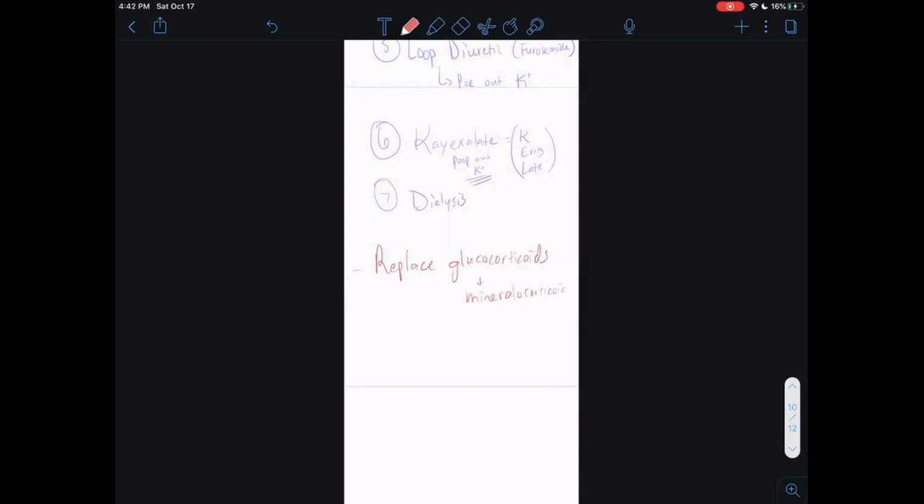All right, so replacing your glucocorticoids is just giving high dose hydrocortisone IV. All right, so I'm just going to say high dose IV hydrocortisone. And that's usually the mainstay of treatment for these patients with Addison's.